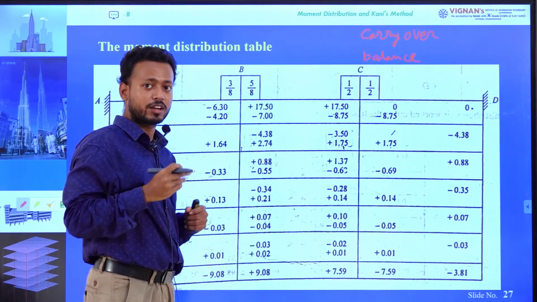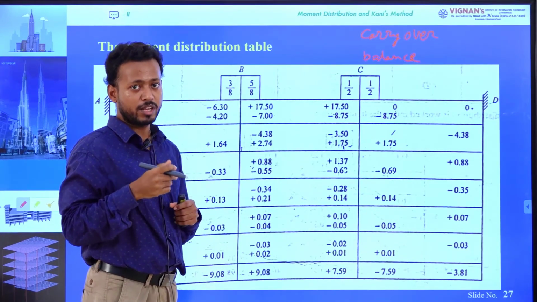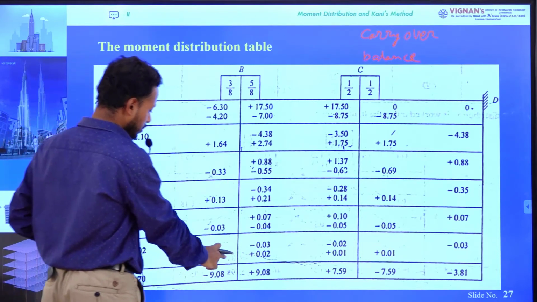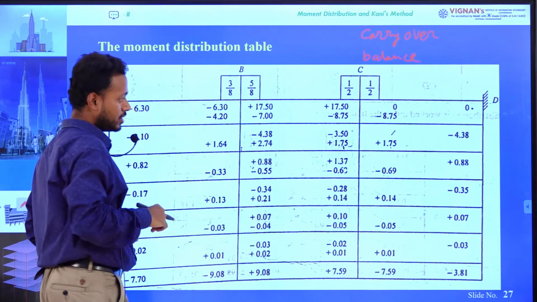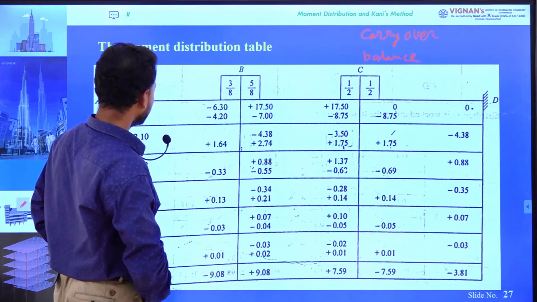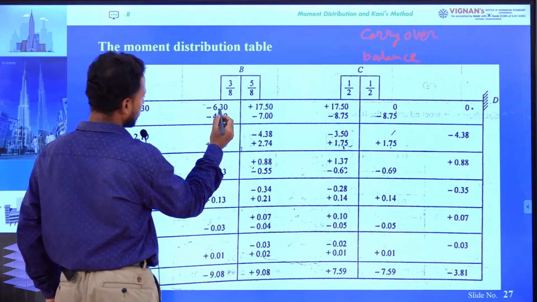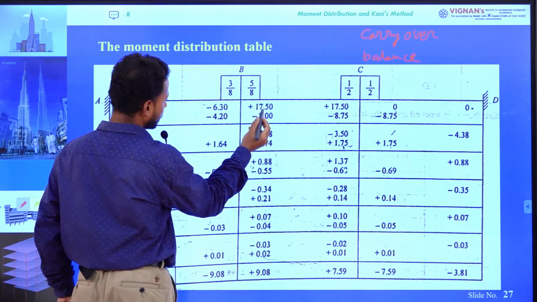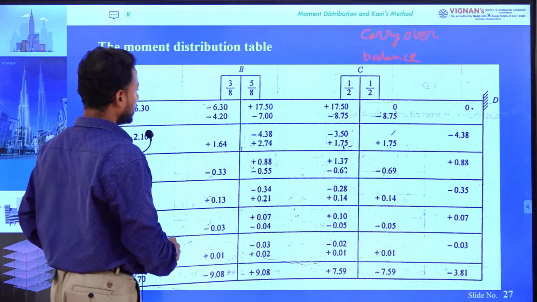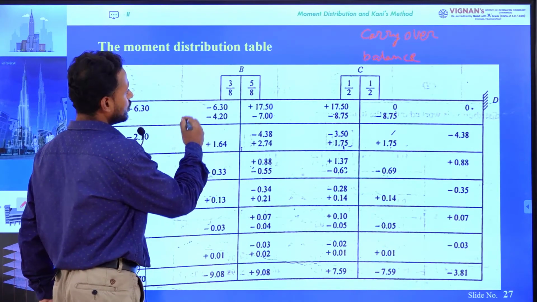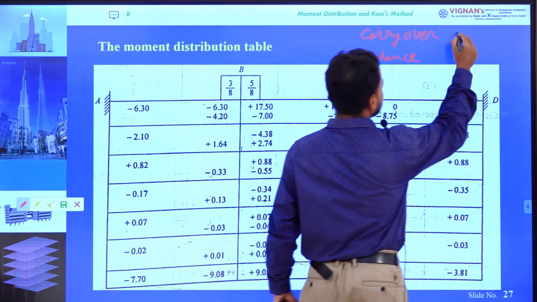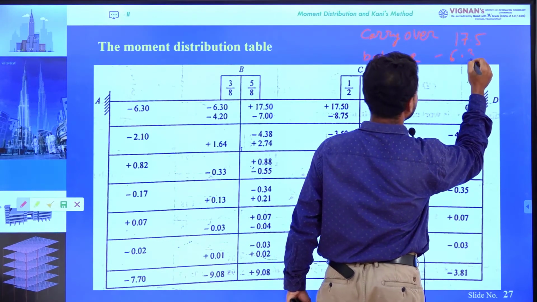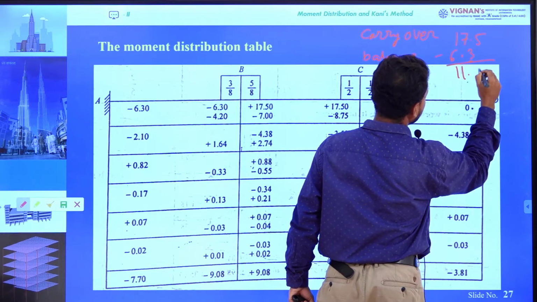Alternately, you have to calculate carryover and balance up to when the value comes like 0.01, 0.001, like that. So first you add these two terms: 17.5 minus 6.3, you will get 11.2.